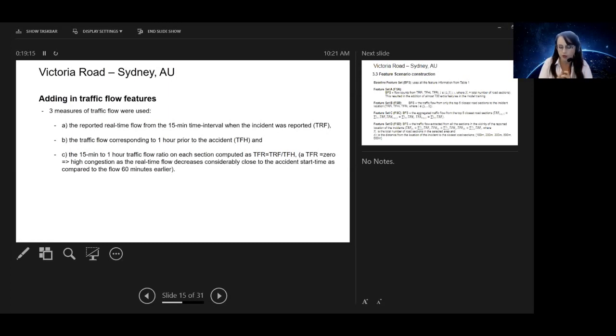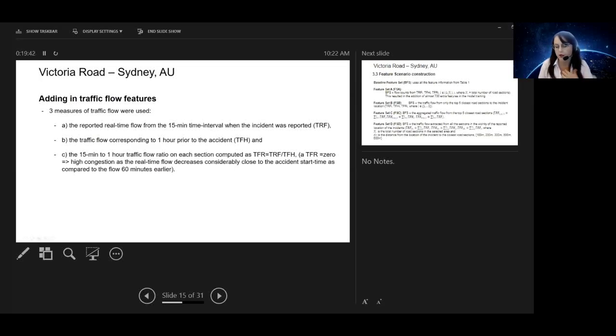We took the reported real-time flow, stored it, and we also looked 1 hour prior to the accident. And not only that, we took the ratio between what is happening now versus what happened 1 hour ago. Because if this ratio is going down, it shows that there is a problem and that congestion accumulated and so on.